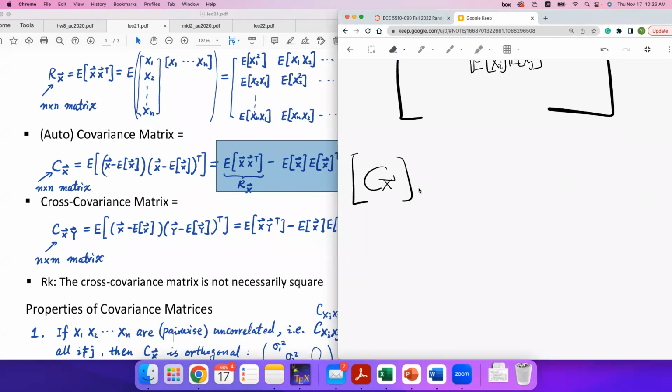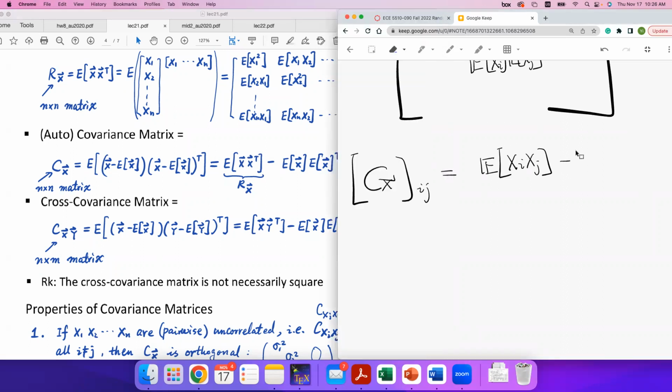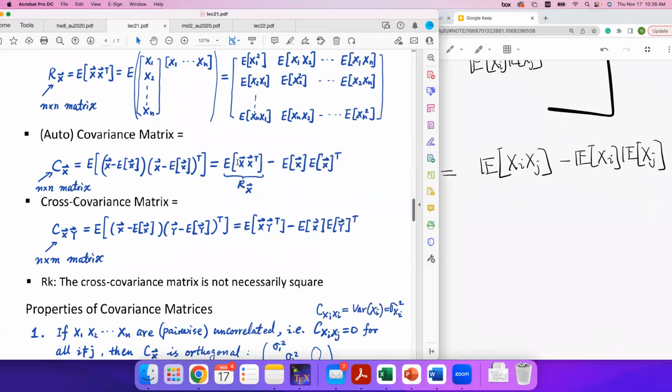The ij entry is picking up the ith row, jth column, so the ij entry of this matrix is the ith row of this column vector times the jth column of this row vector.